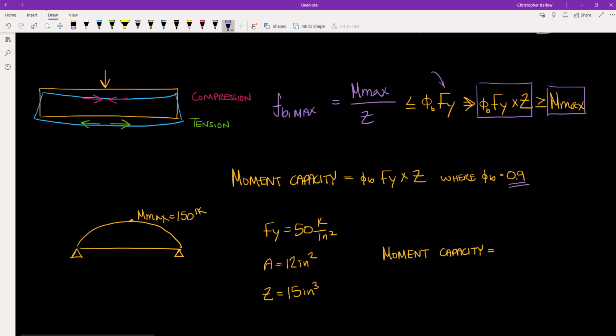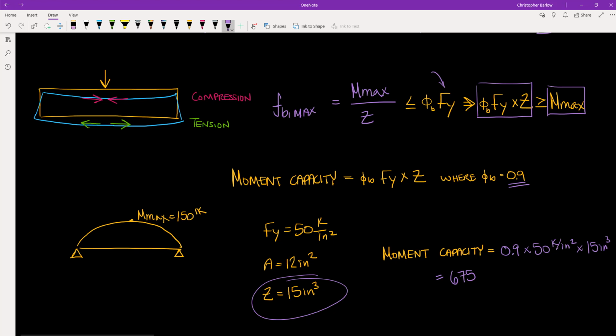So let's calculate the moment capacity for this beam. Here we'll have our phi factor of 0.9 times our design yield stress, 50 kips per square inch, multiplied by our plastic section modulus, 15 inches cubed. And so we get a value of 675. Now, can we compare this value, 675, to 150 and say that our design is okay?